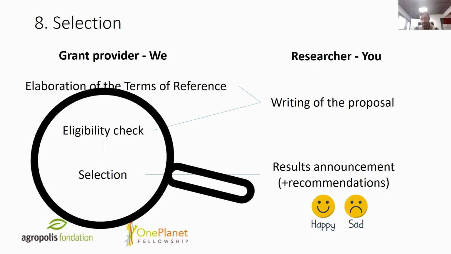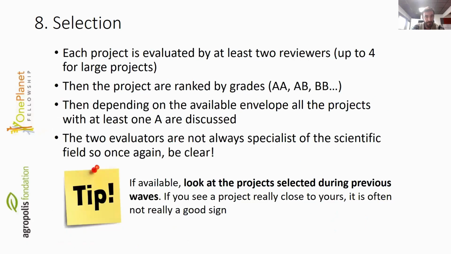So we are reaching the end of today's webinar, with, I think, the thing that you are interested in: how we run a selection process, in that case today at AGROPOLIS Foundation. Well, I know that in most institutions, each project is evaluated by at least 2 reviewers. And for big projects, we can go up to 4.